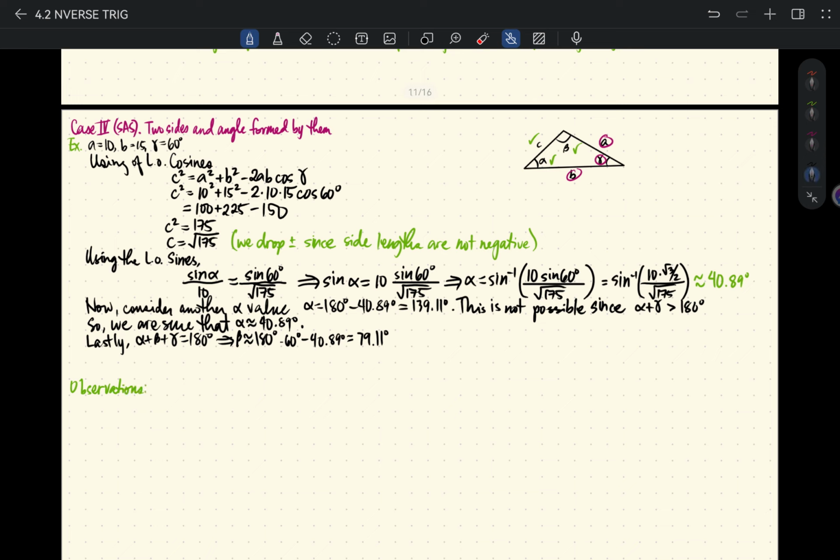So some observations. For this case, actually, it can be shown that the solution for SAS is only one. So, if a solution exists, it is unique.